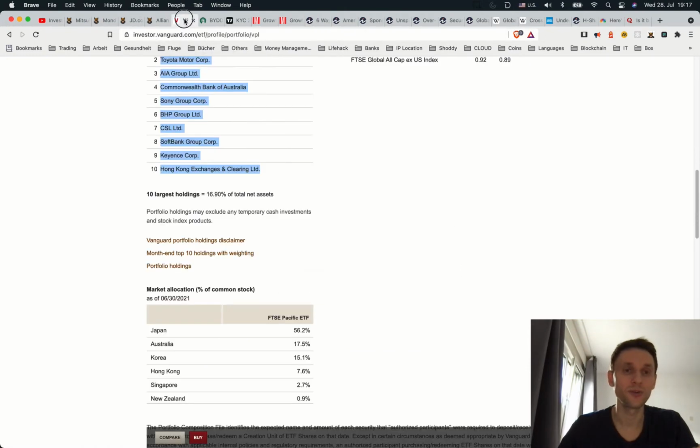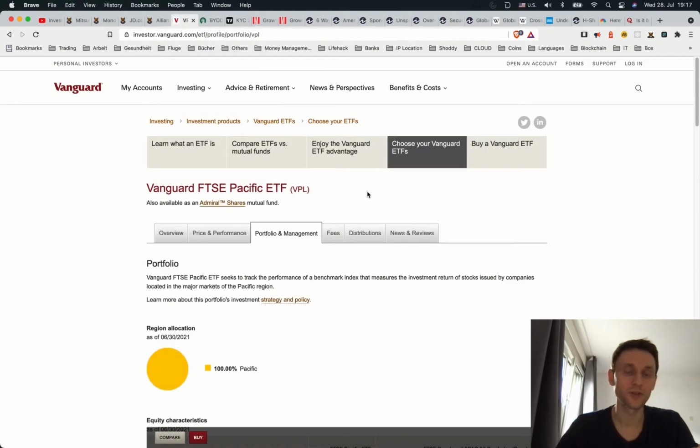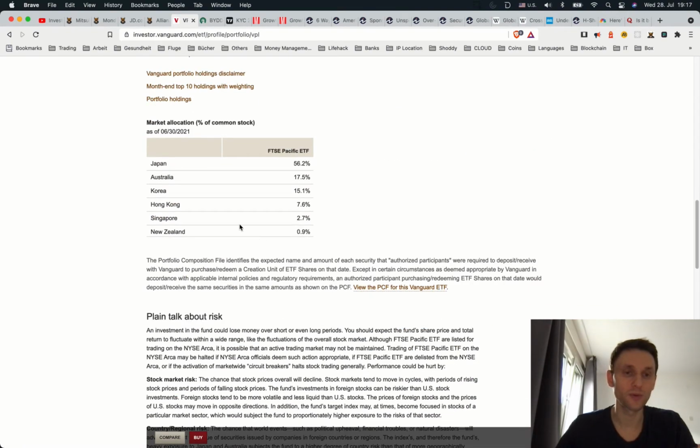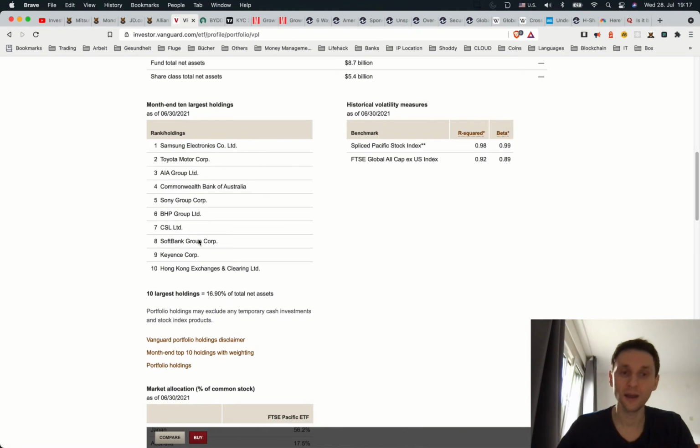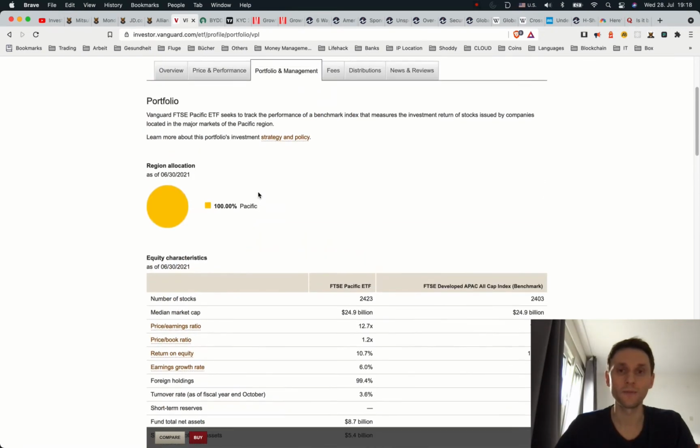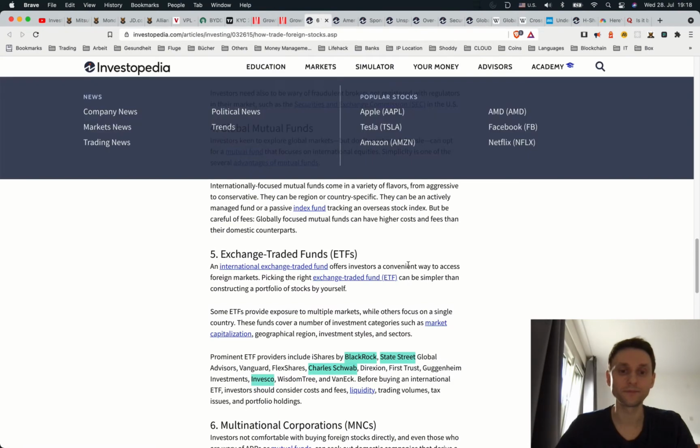As an example, I took this Pacific ETF. By investing in this ETF, you're exposed to countries like Japan, Australia, Korea, Hong Kong, Singapore, New Zealand, and you invest in stocks like Samsung, Toyota, Sony, SoftBank, and many others. So you guys got the idea.